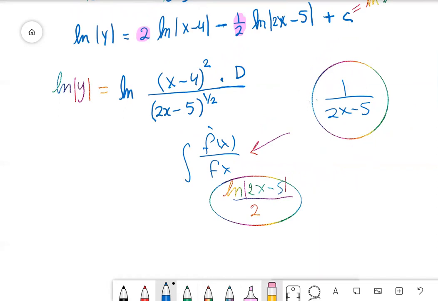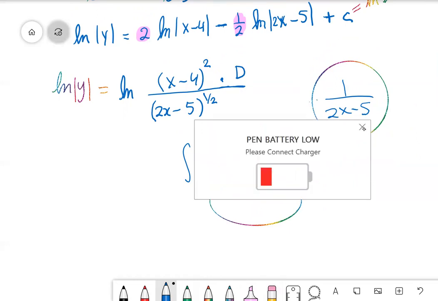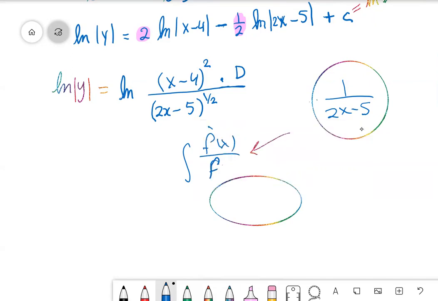Okay, remove the half and remove the 2. So if you want to follow this f prime x over f of x, what's the derivative of 2x minus 5?